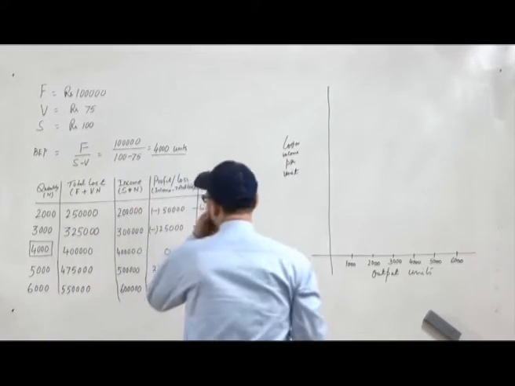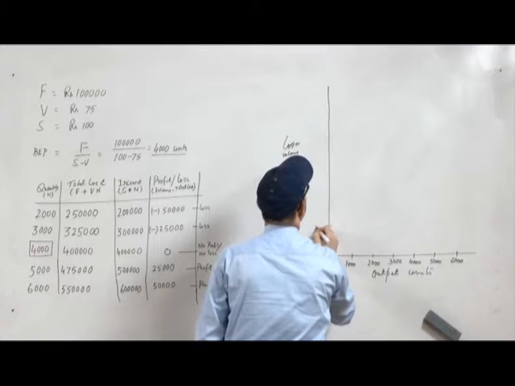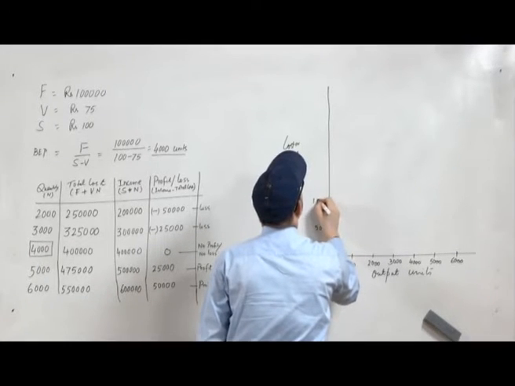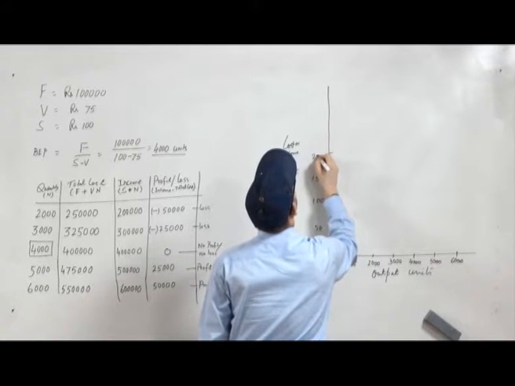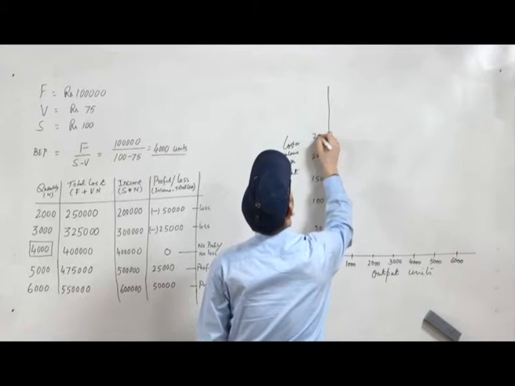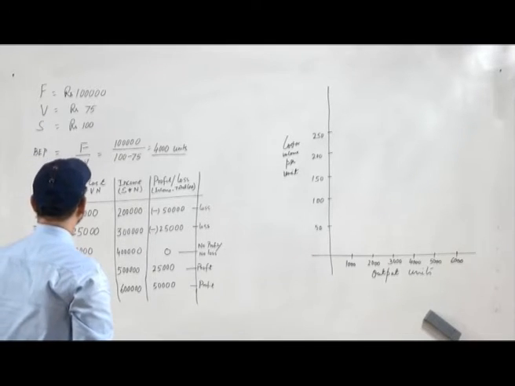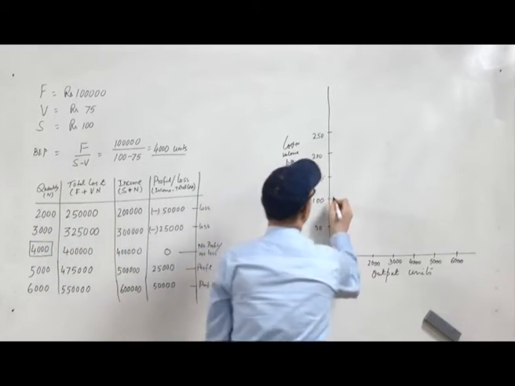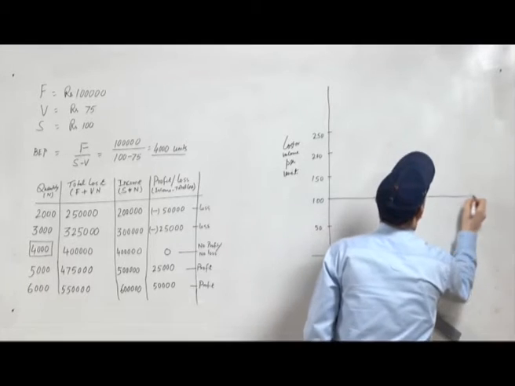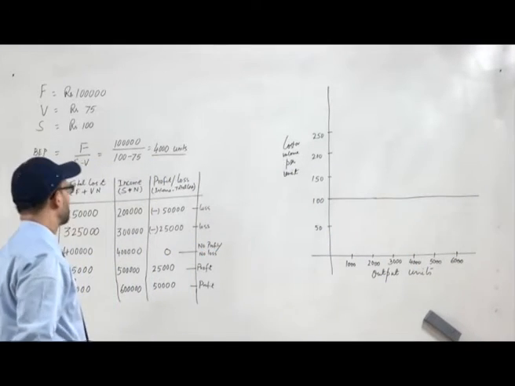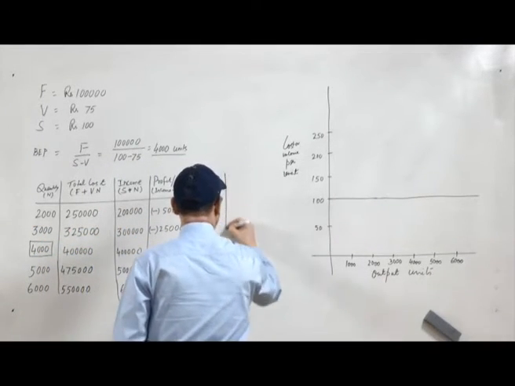In that we can have 50, 100, 150, 200, 250. So, what we see is the income per unit, that is rupees 100. So, the income per unit line will be this.